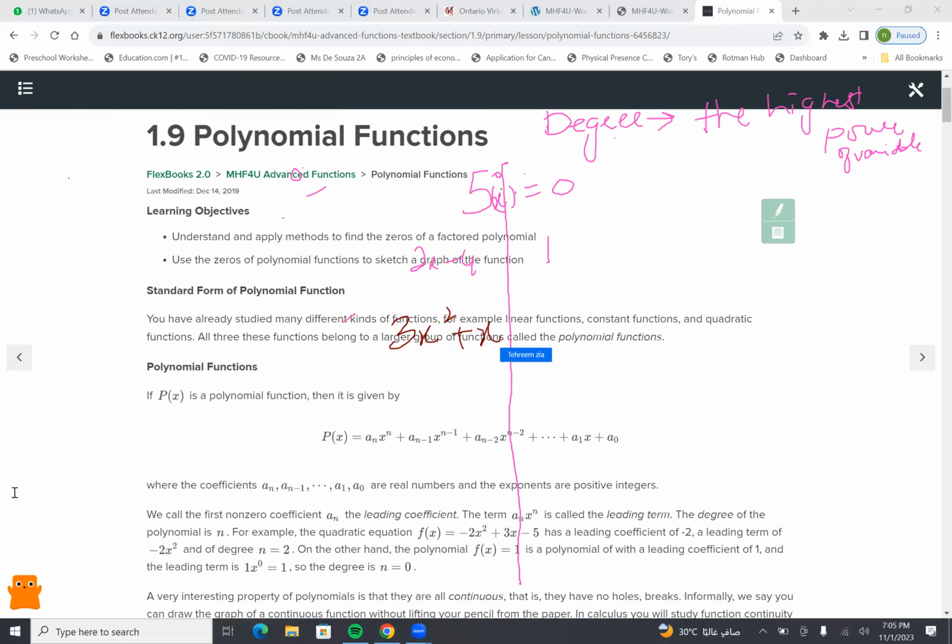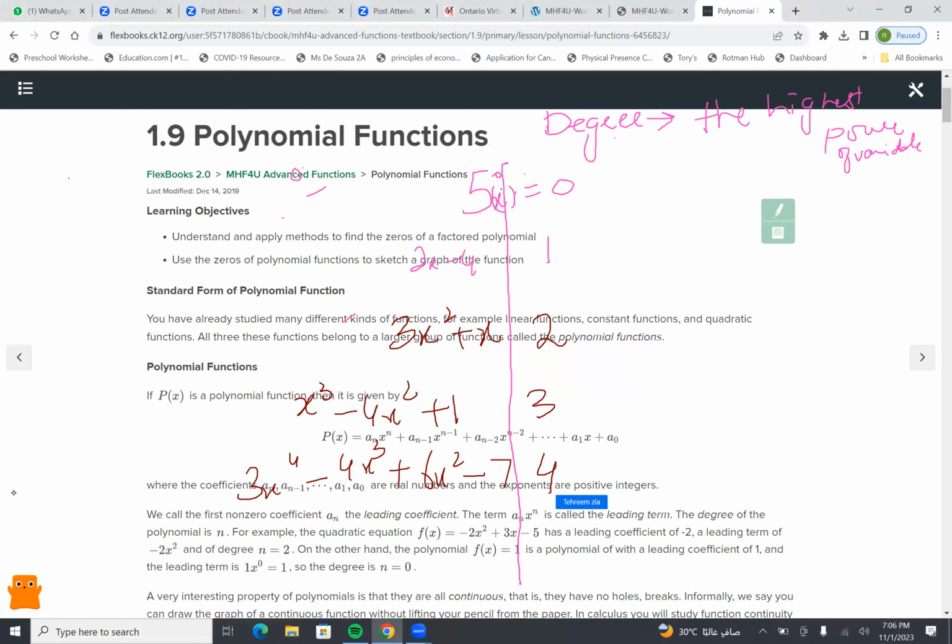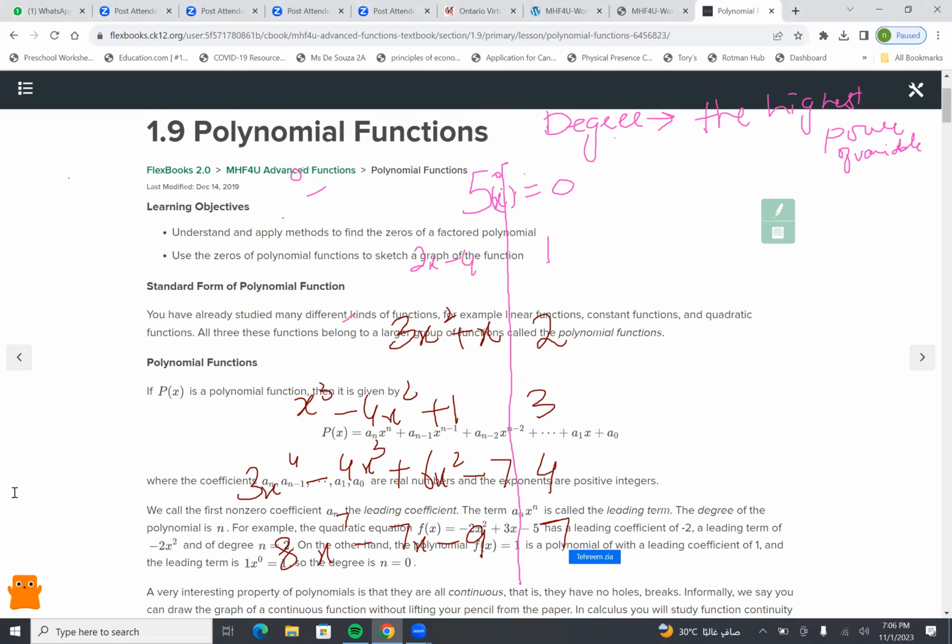It is 2. x cube minus 4x square plus 1: 3. 3x to the 4 minus 4x cube plus 6x square minus 7: 4. 8x to the 7 minus 7x minus 9: 7.